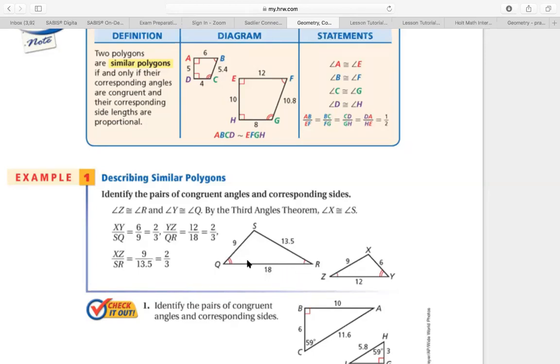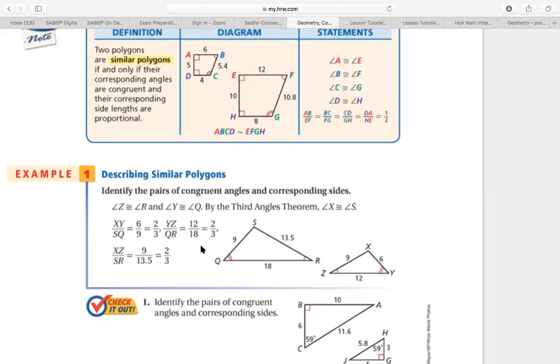I recommend that you follow the cursor, which is RQ, which is 18. So 12 and 18, you divide them by 6, simplify by 6, so it will be 2/3. So I have here 2/3, here 2/3, and here 2/3. So I have the same ratio. So the two triangles are similar.